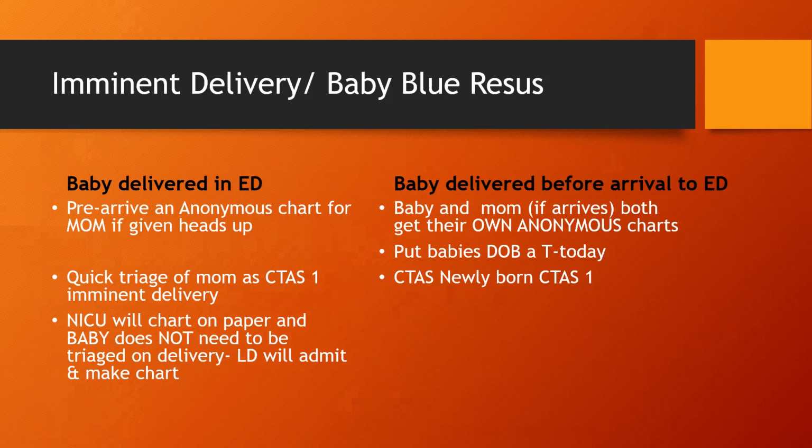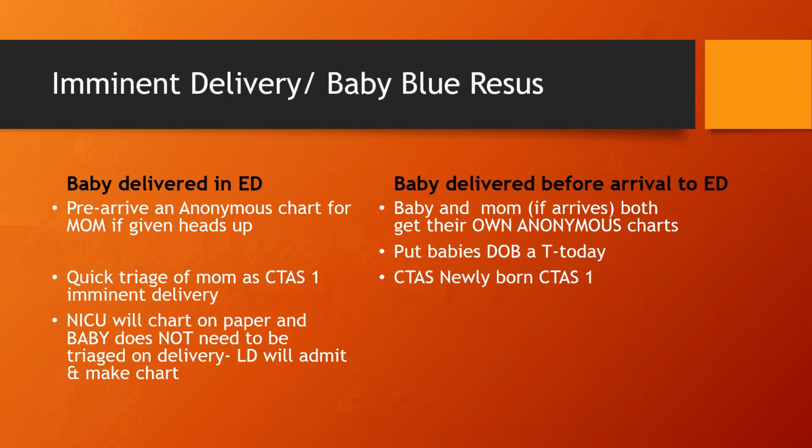When the baby gets delivered, currently in our department, somebody has to go triage that baby. And it's always been confusing: how do I name them? What do I do? Is it baby female? You don't do that anymore at all. In Connect Care, mom is the anonymous patient. Mom is the patient, period. But here she's going to be anonymous.